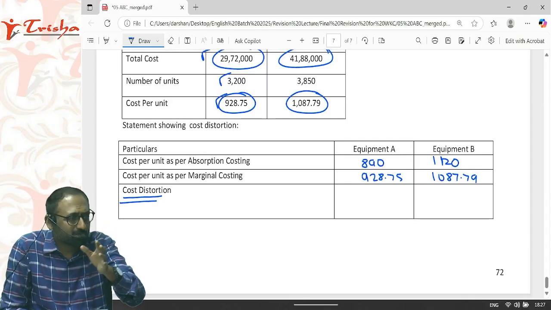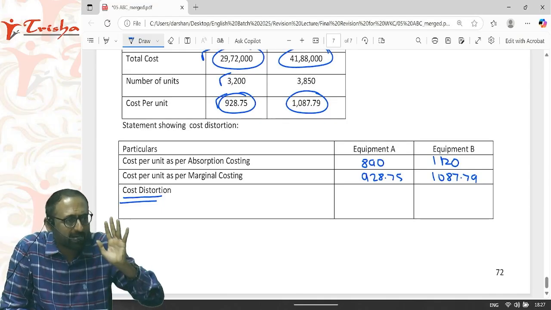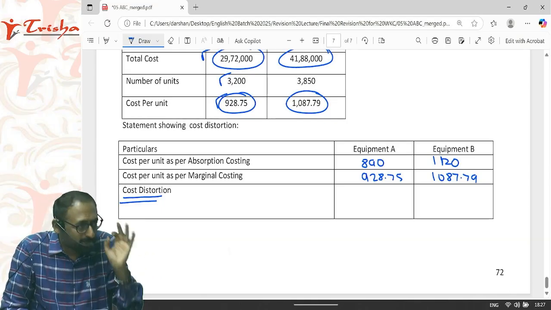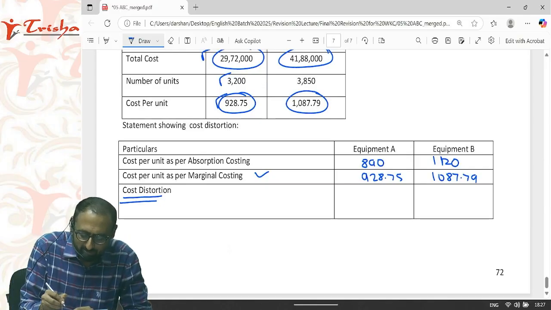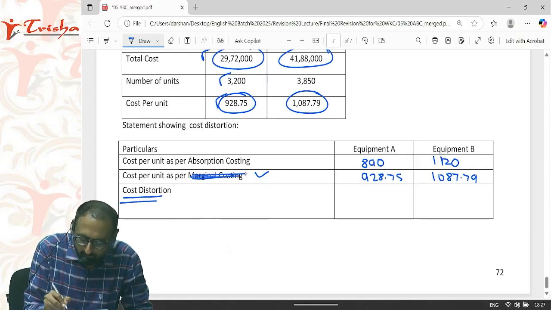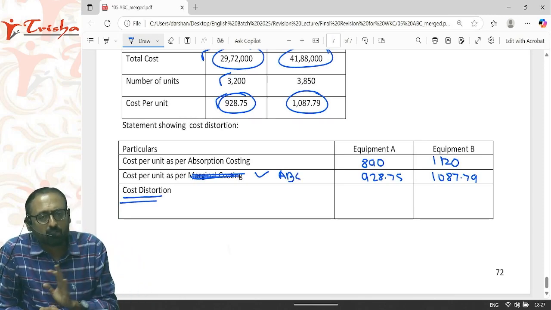Cost is assigned to the product on some suitable basis, on the basis of service taken by the product of an activity. So perfect costing you will get with the help of activity based costing.